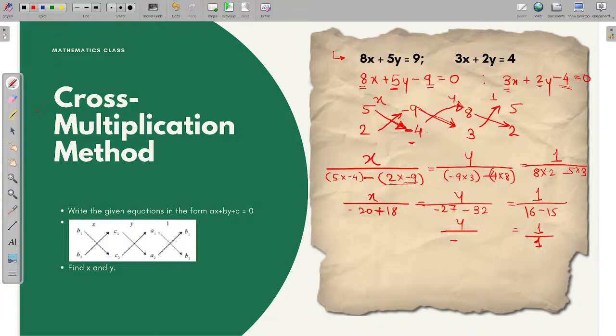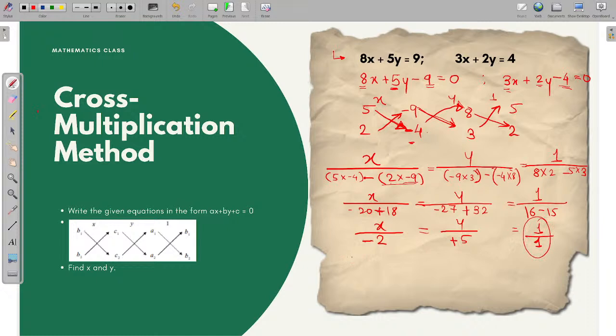See, so it will be plus 32, not minus 32. Okay, see, I'll write it again. Yeah, it is minus of minus 4 into 8, so it will be plus 32, and I'll minus 2, right? Now I got this equation: x upon minus 2 equals y upon 5 equals 1 upon 1.